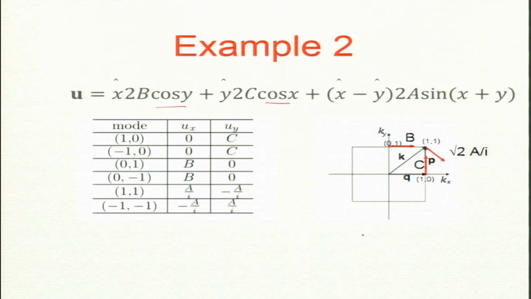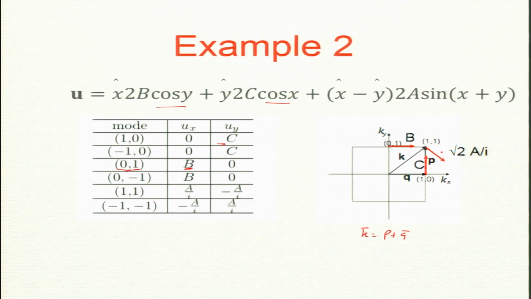Here K equals P plus Q. Now, Q, P and K are in that direction. And what are the Fourier amplitudes? 0 1 is B, Ux is B. The red lines are showing the vectors. 1 0 is C along the y direction.